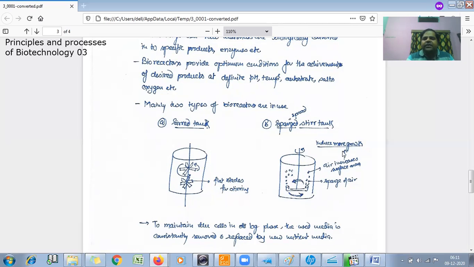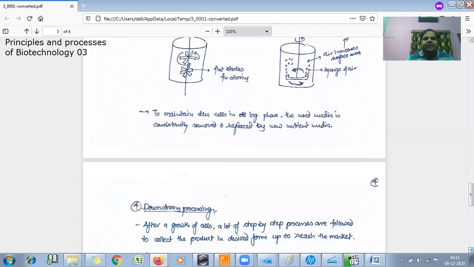This air helps in providing oxygen to the cultured cells, and in some cases, sparged stir tank is better as compared to stirred tank, just because it also provides oxygen. So the surface area also increases, and the production of recombinant protein will be promoted here.